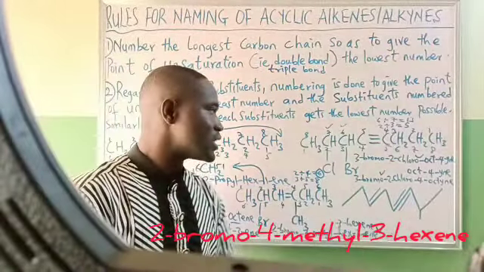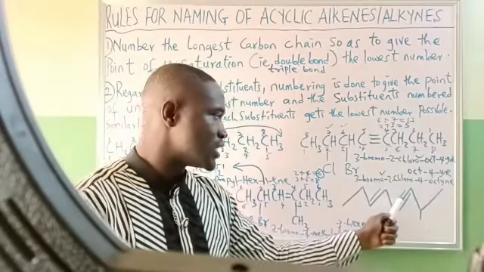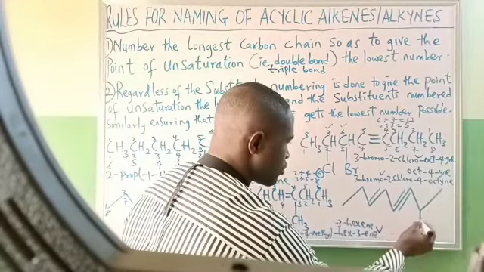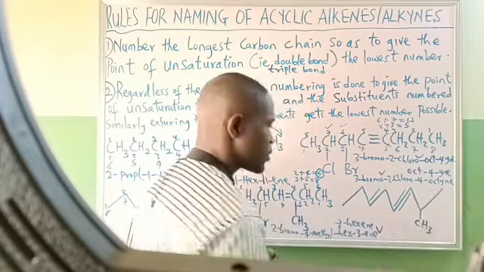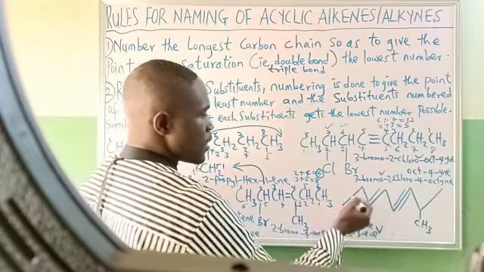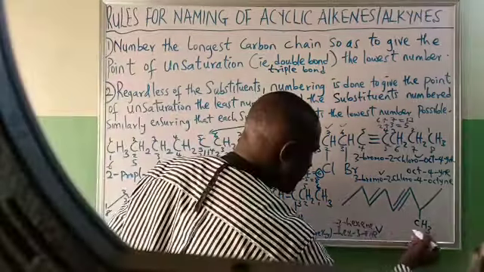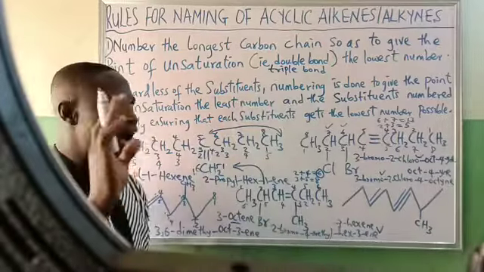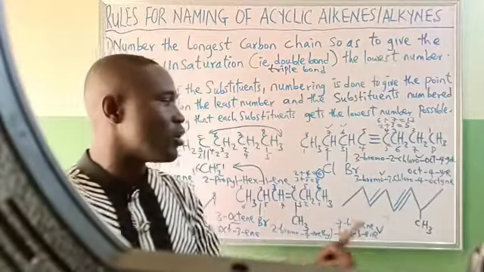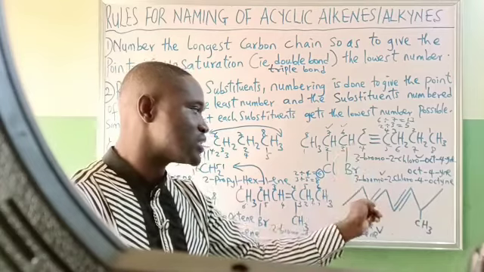Now coming to the last one. You see a double bond, you see a triple bond, and you see a methyl group. If you number this way, this compound is an alkyne, that is, a triple bond. This triple bond will supersede the double bond.